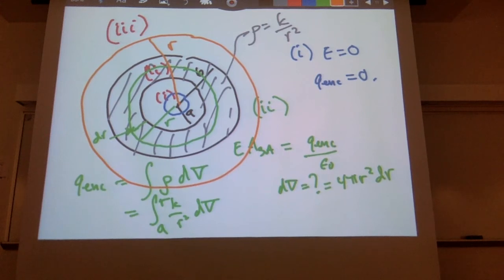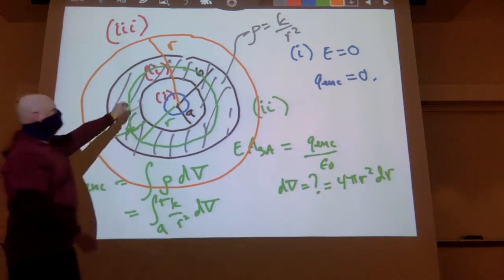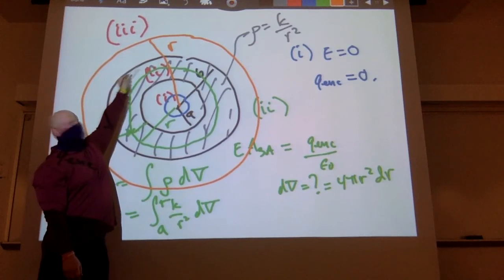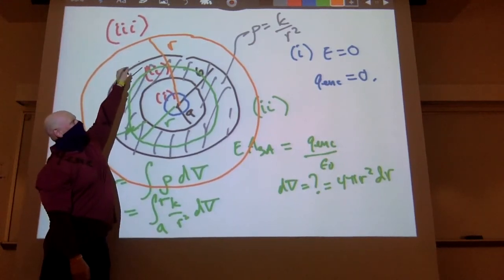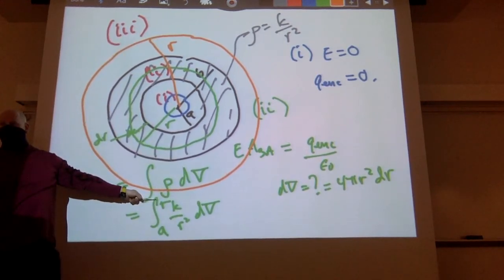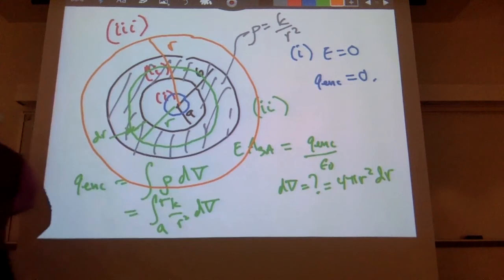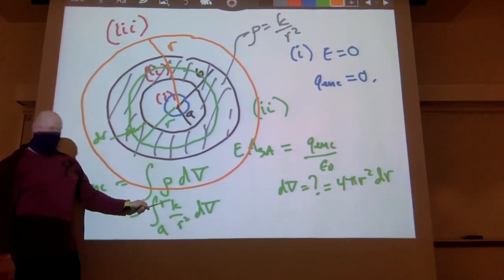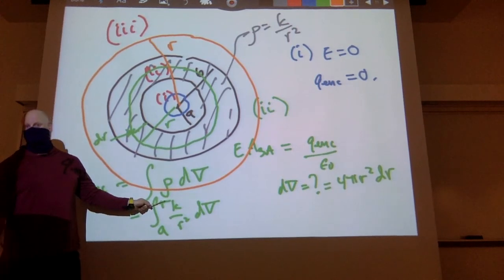So the question always becomes, where is the charge? Where does the charge exist? Well, according to our picture, the charge exists between A and B. Little r here is greater than B, which means I can't integrate all the way out to R because now I'm overcounting the amount of charge, because the charge doesn't exist there, which means I'm only going to integrate this from A to B. That's it.